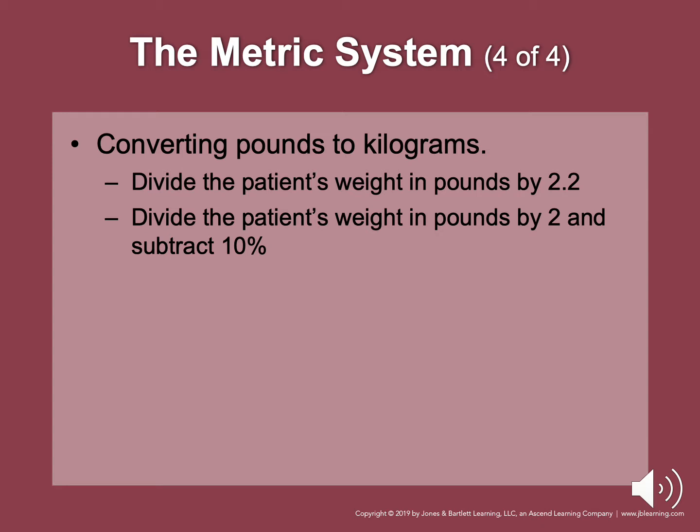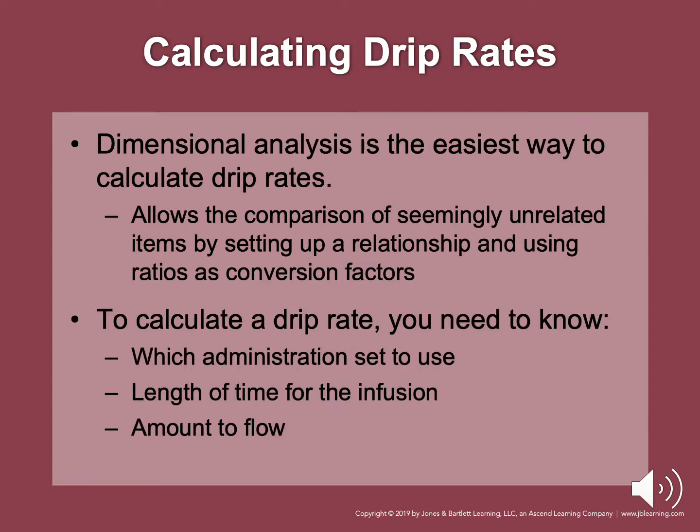So desired dose is the amount of medication the physician orders you to administer. Concentration of the medication on hand, the dose on hand, is the total weight of medication contained in a specific volume.